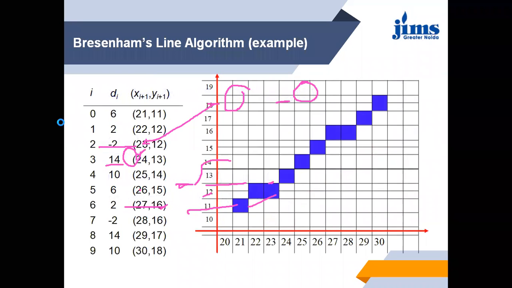So we will discuss the same thing here in the coordinate system, what happens when we find the value of y when we know the value of x.